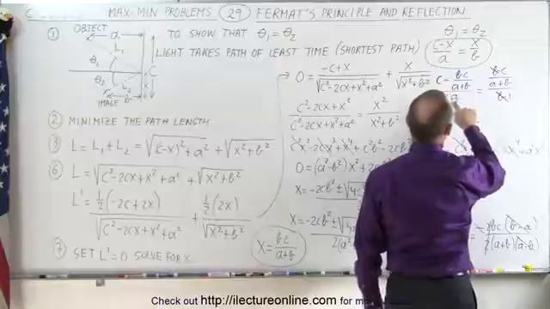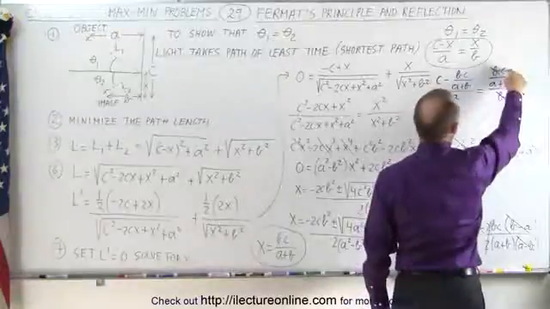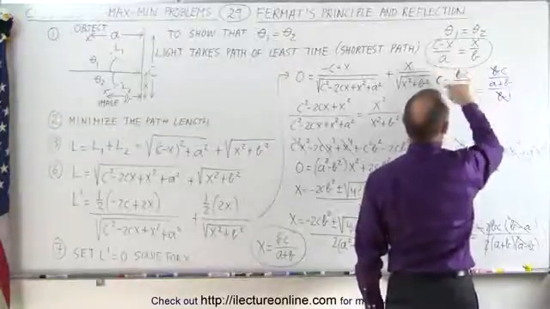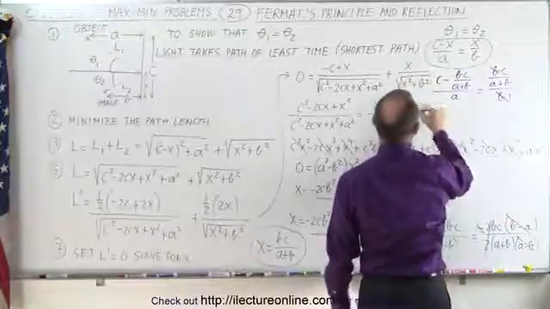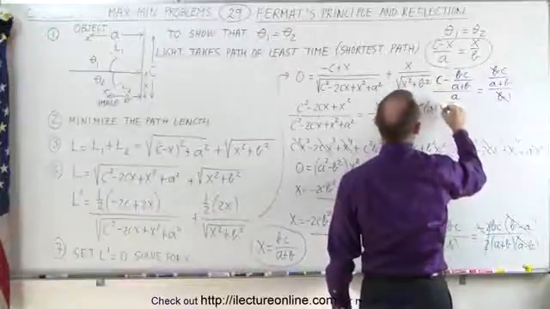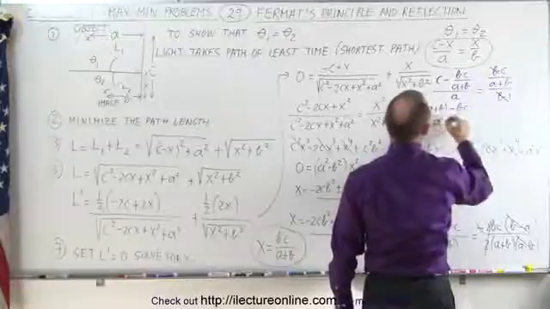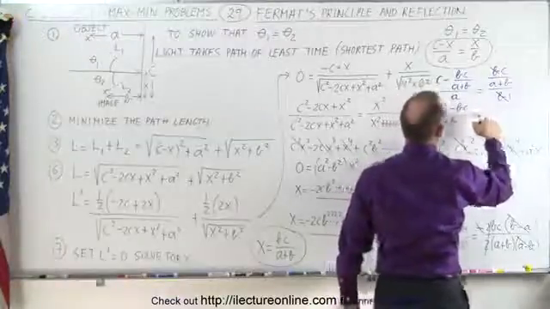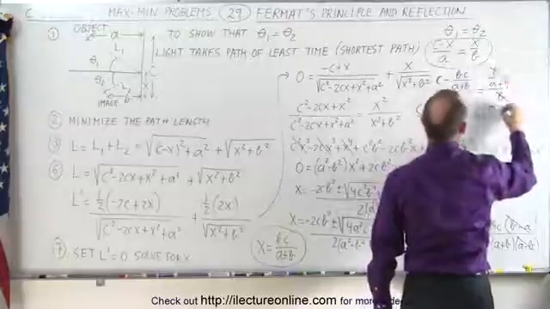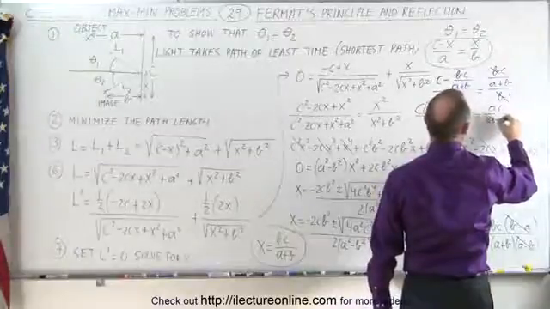And I can cross multiply right here, multiply this a times here, and find the common denominator here, which means I get c times a plus b minus bc, all divided by a plus b, is equal to, when I move the a over here, I get ac divided by a plus b.